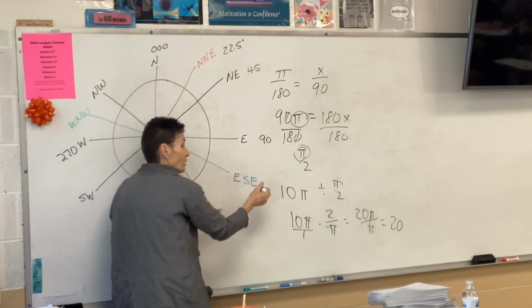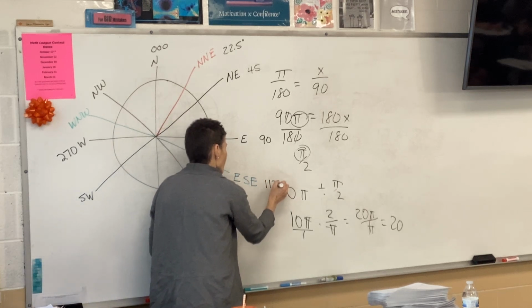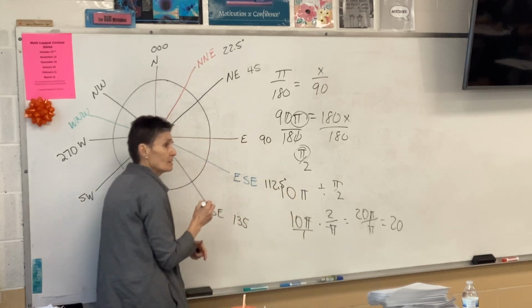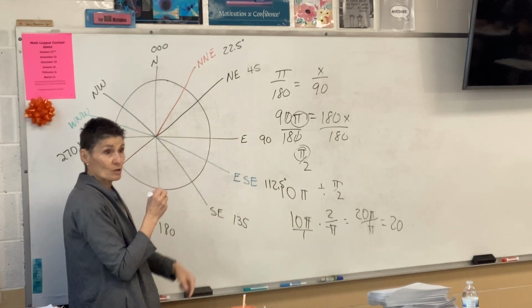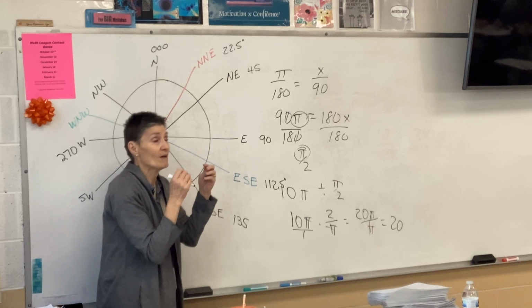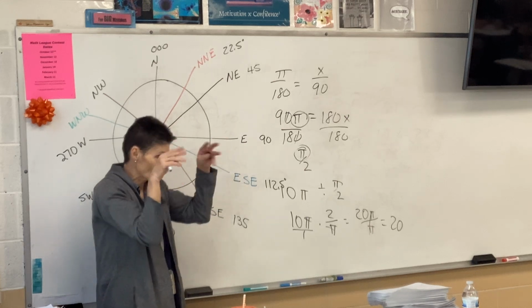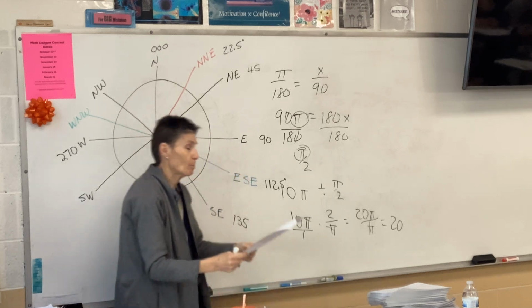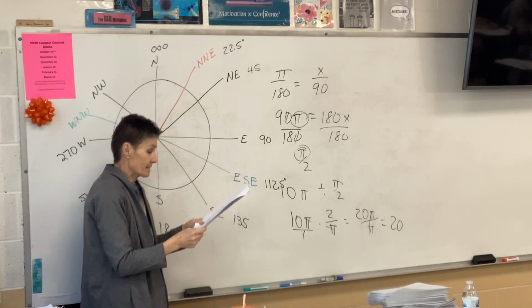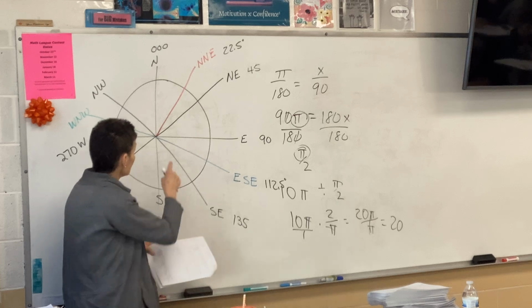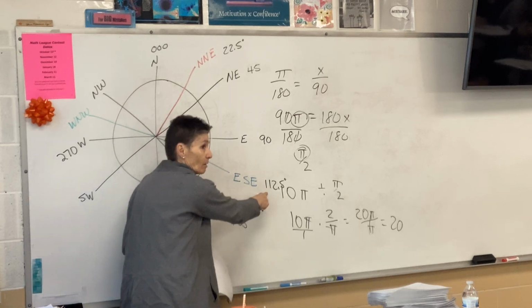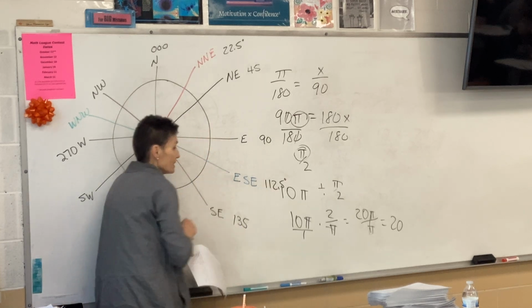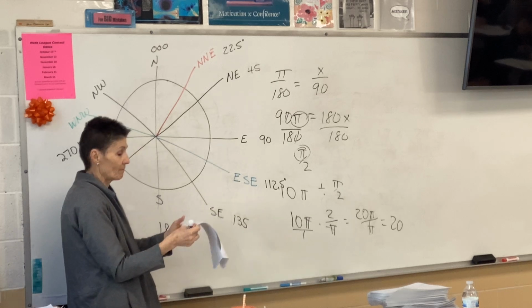So this one would be, what is that? 112.5. And so we can give every direction an angle measure. So that's what we're doing for problem 6A. East-southeast, I already did. East-southeast is 112.5.